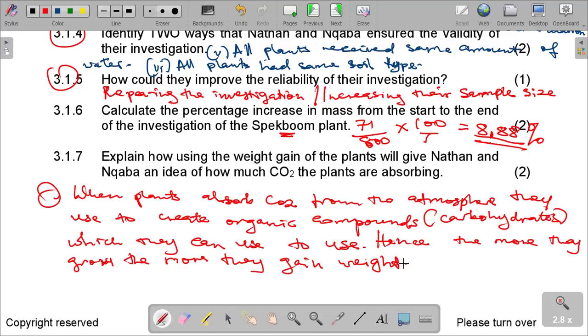We can refer to our experimental question, that is, is carbon dioxide necessary for photosynthesis. The process of photosynthesis is necessary because it makes carbohydrates, which we are talking about in this regard. In this case, I just wanted to correct this word: which they can use to grow.